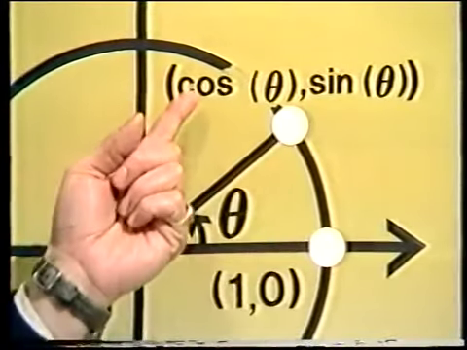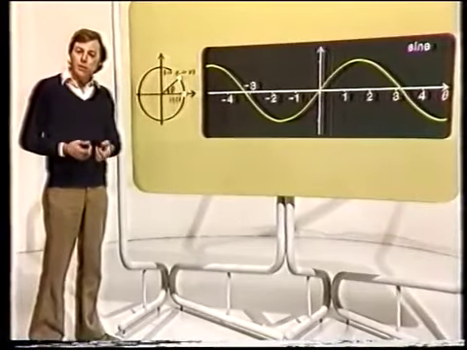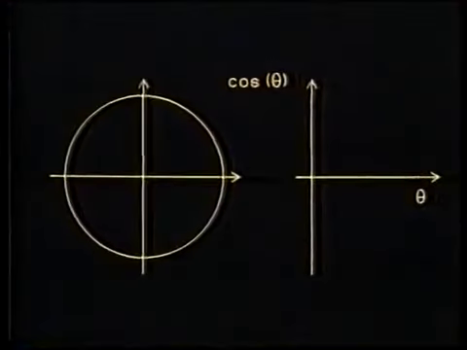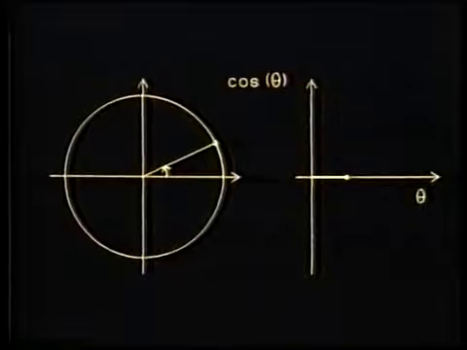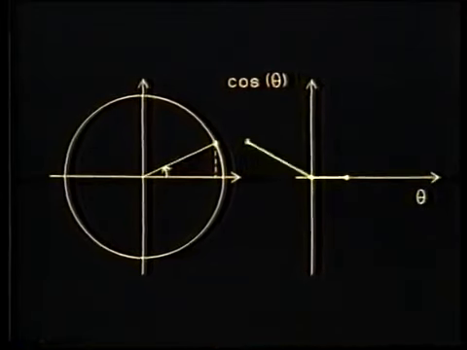If we use the x-coordinate, then we get the graph of cosine. So let's just see what the graph of cosine looks like. Plotting cosine theta is similar to sine theta. Again, the angle is given by the arc length. But this time we plot the x-coordinate. That's this horizontal length. It's this length that we plot against theta.